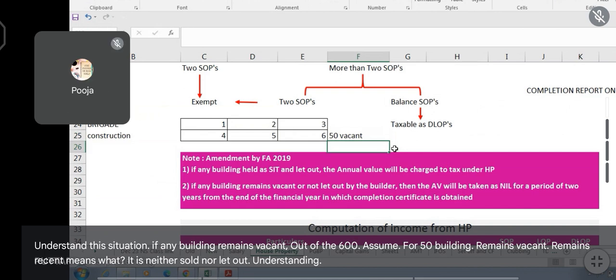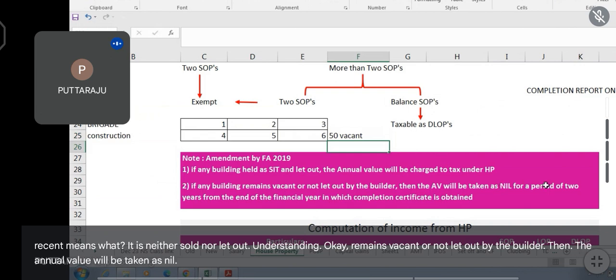If it remains vacant or not let out by the builder, then the annual value will be taken as nil for a period of 2 years from the end of the financial year in which the completion certificate is obtained.